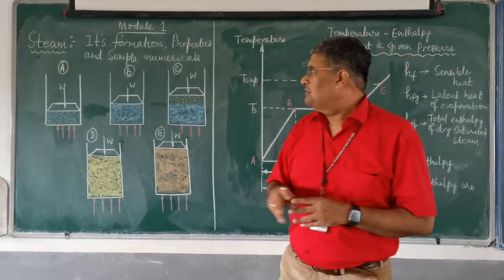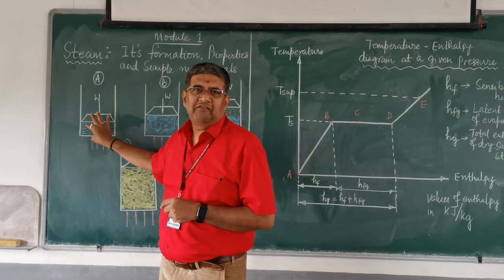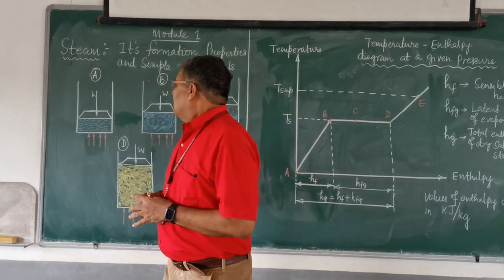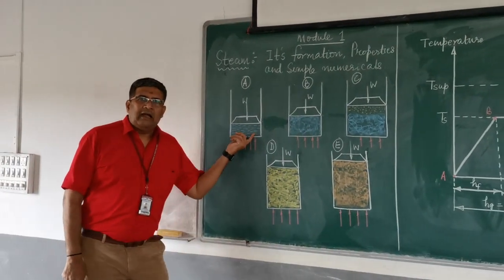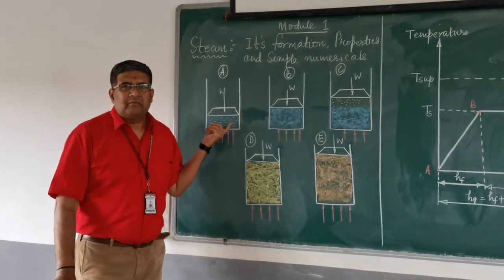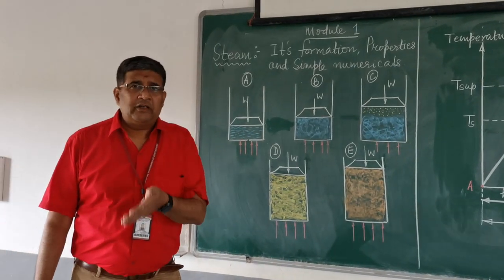So for example, in the first sketch, which I have named A, we have taken 1 kg of water at 0 degree centigrade. Now, ice can also exist at 0 degree centigrade.